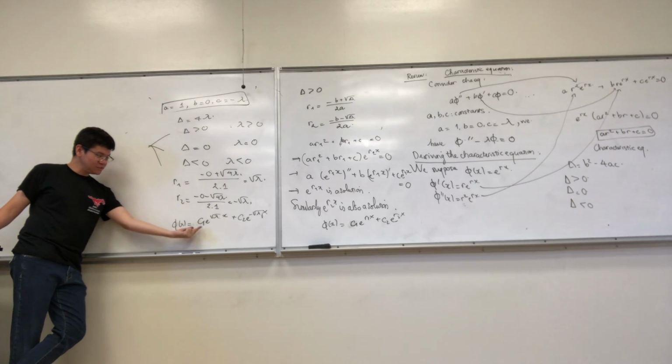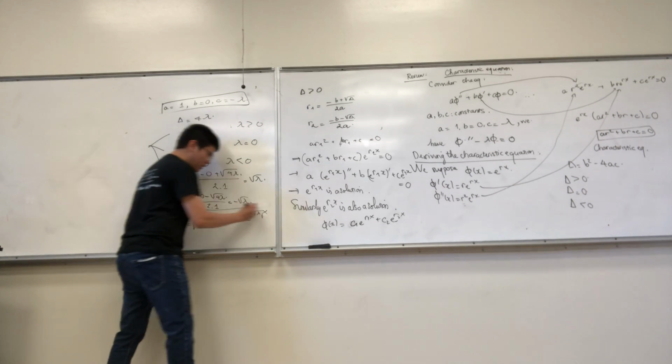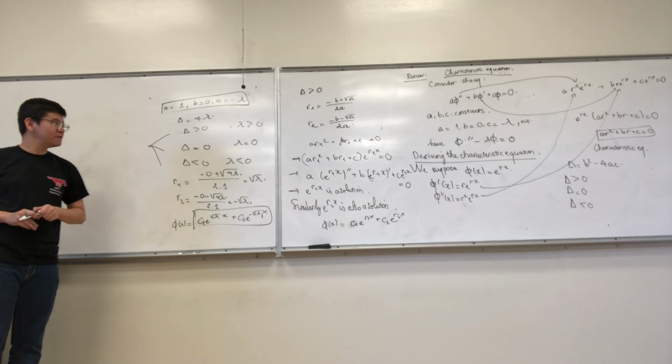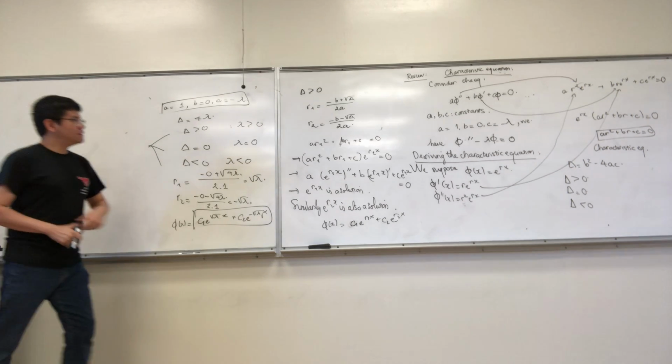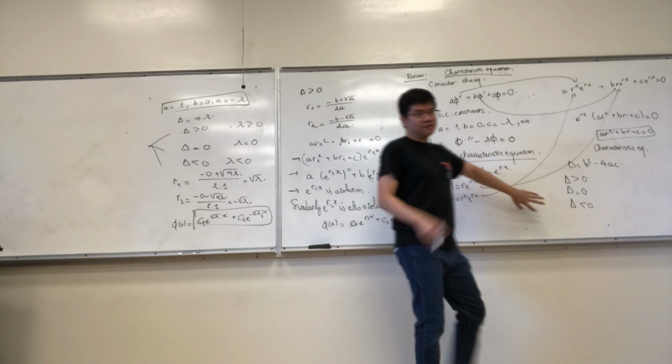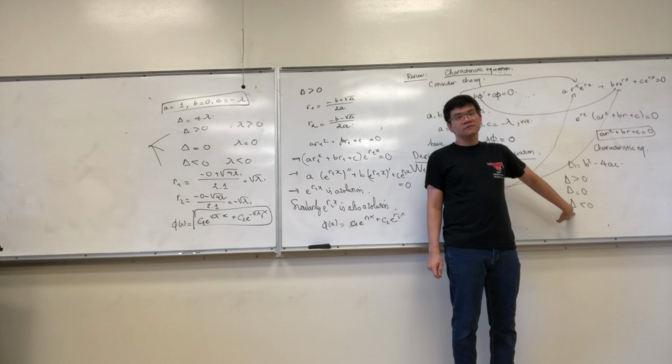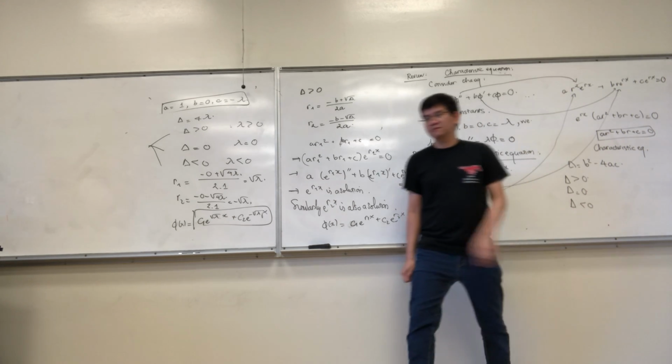So y of x will be C1 e to the square root of lambda x plus C2 e to the minus square root of lambda x. And this is what we got in the previous case. And the other two cases are listed in the previous table that I wrote for you, but the idea is the same. Questions? It's clear?